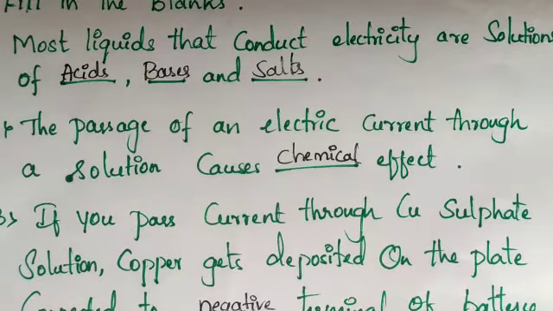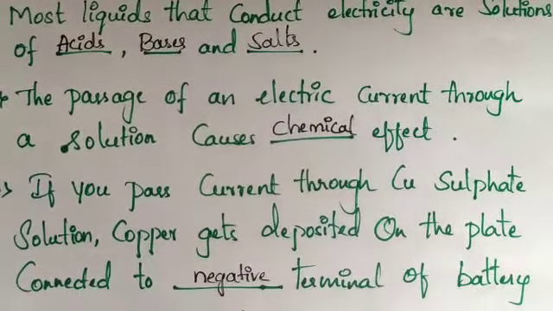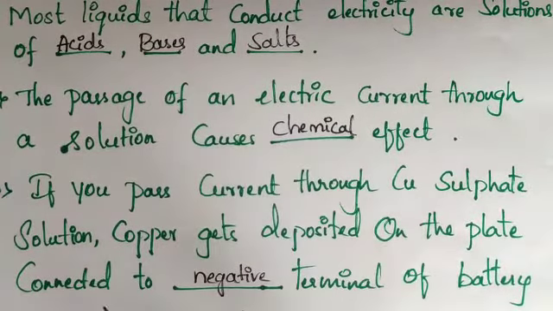There may be a change in color of the substance, or a deposit of metal on one of the electrodes, or bubbles of gas may form. When any one of these conditions is satisfied, you say a chemical effect has taken place. So the effect taking place is the chemical effect.